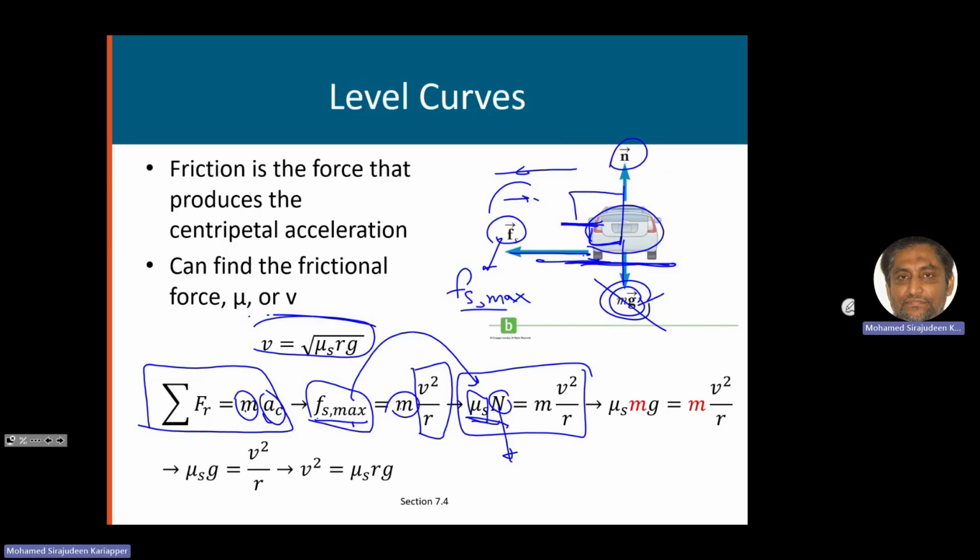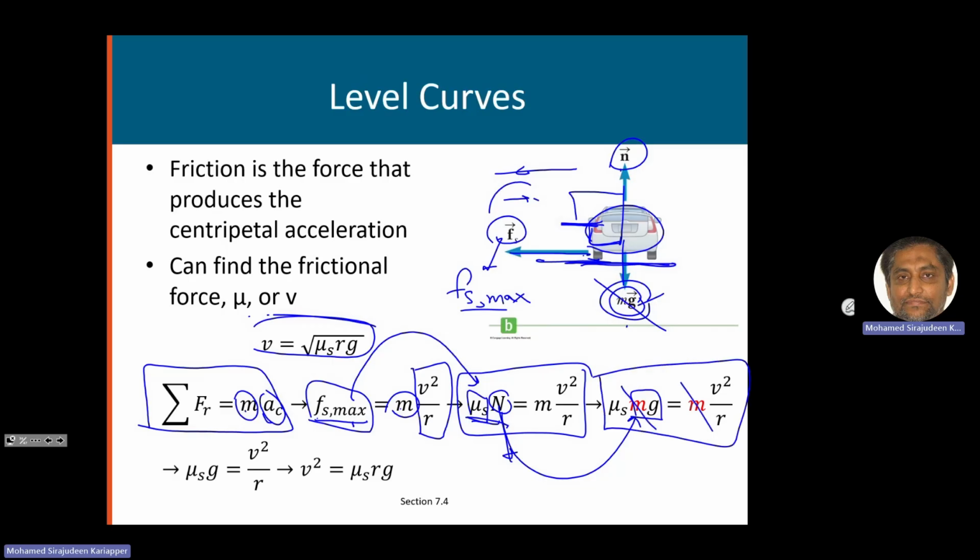In the vertical direction, the car is not moving up or down, right? It is only moving horizontally. So the forces must be balanced because there's no acceleration in the vertical direction. N must be equal to mg. So I substitute N equals mg, and then you get this equation.